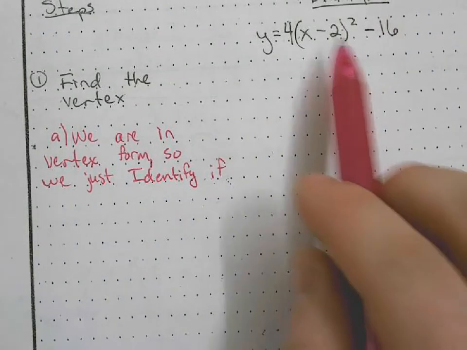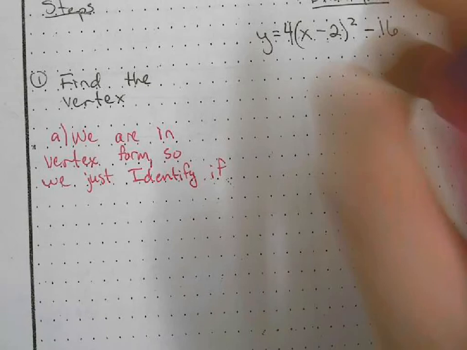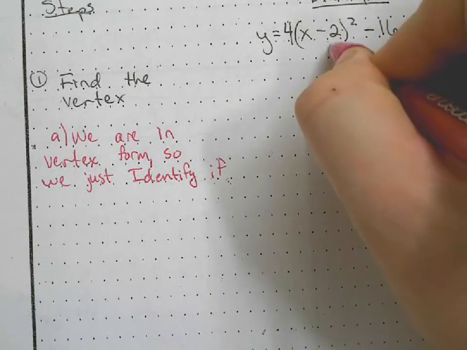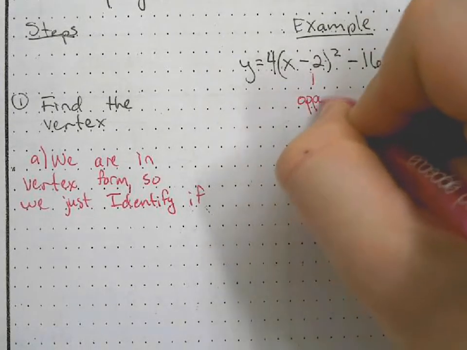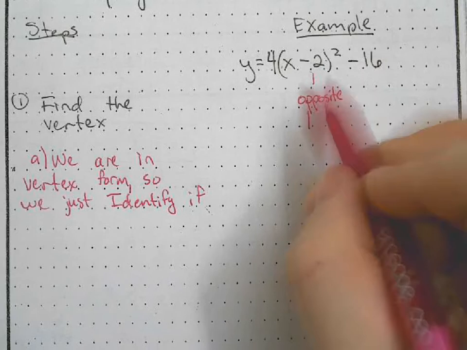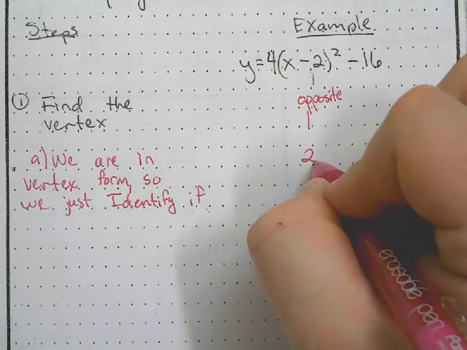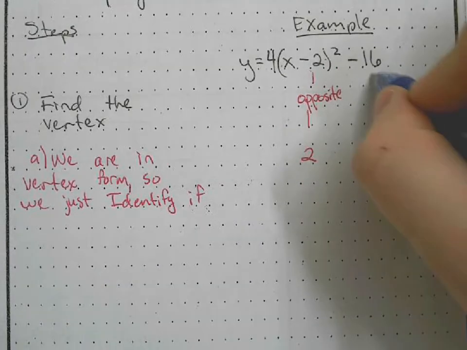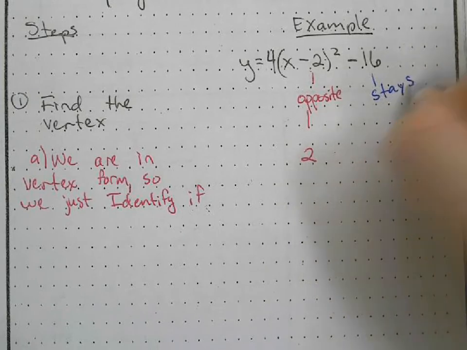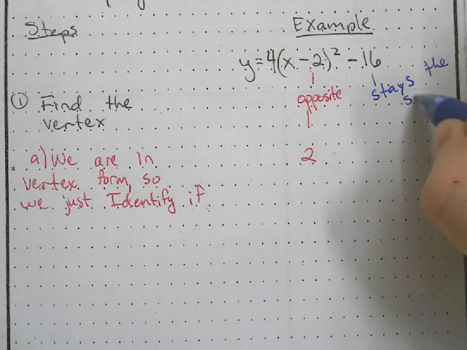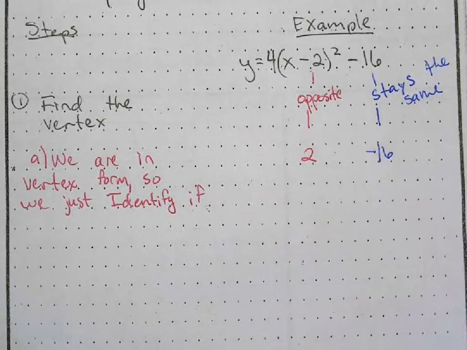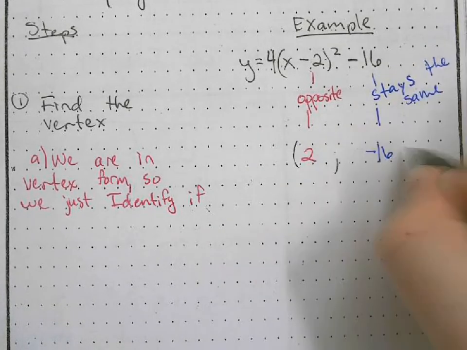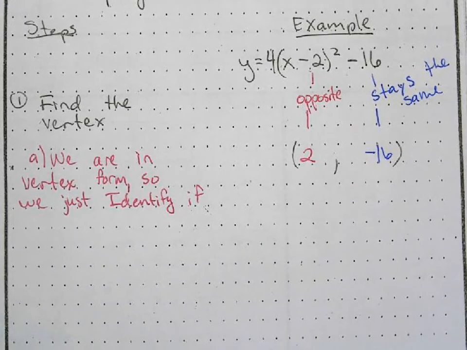So my vertex becomes its opposite. The opposite of -2 is +2. And the value on the outside stays the same. So -16 stays -16. And I found my vertex.